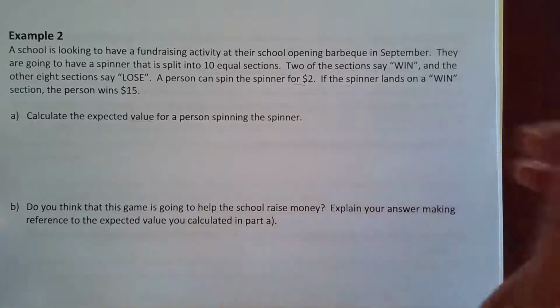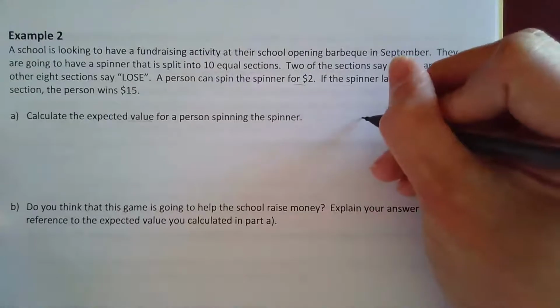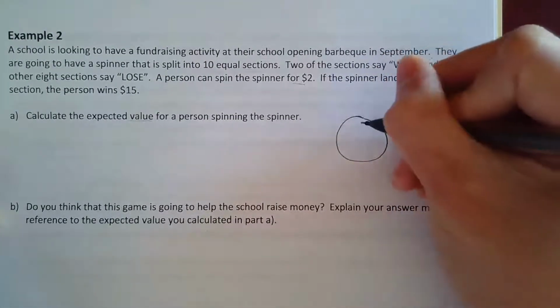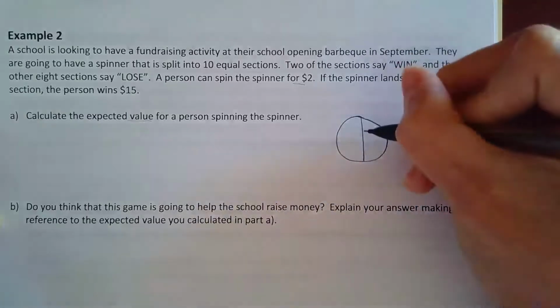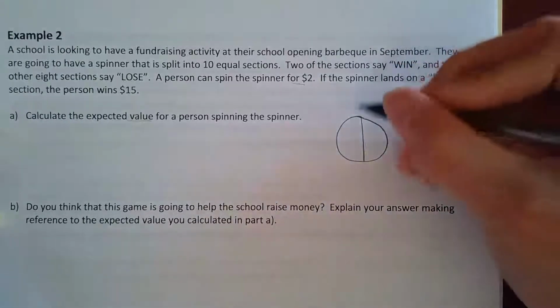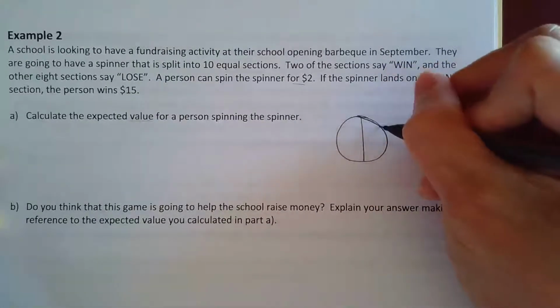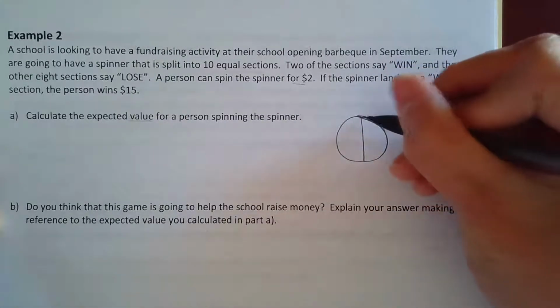Now, sometimes it's kind of nice to see some kind of a visual here. So this is my spinner. I'm going to have 10 equal sections.